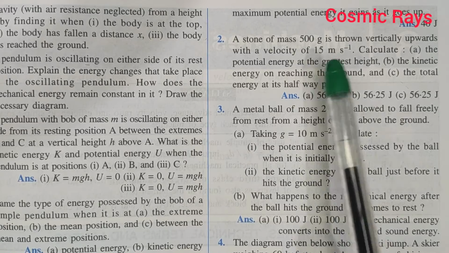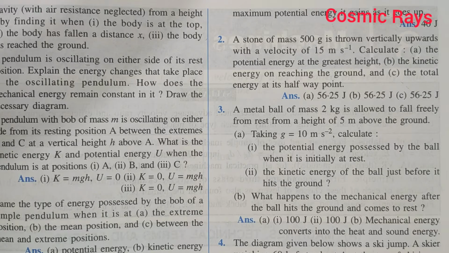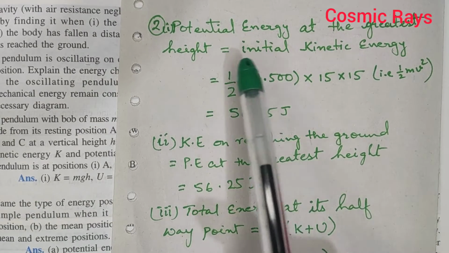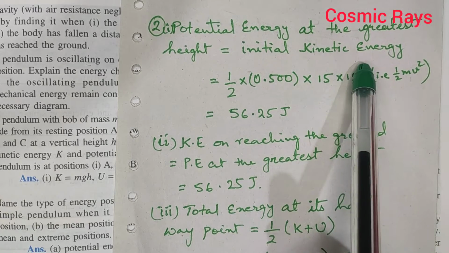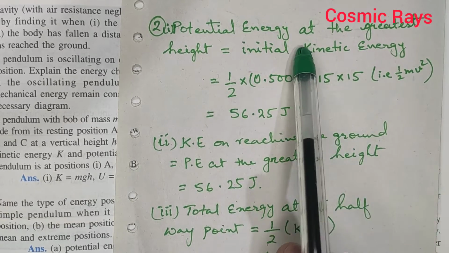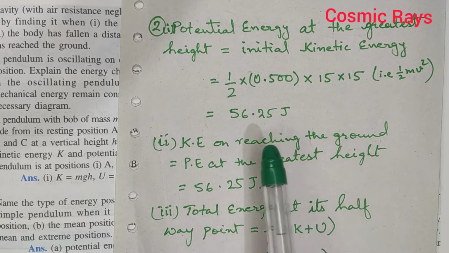So here we are going to get all the answers the same, because as I told you, the sum of kinetic and potential energy is the total energy or the mechanical energy of the body. So please see, we have written potential energy at the greatest height is equal to initial kinetic energy. I've already explained this to you in the previous solution when we were talking about question number 1.